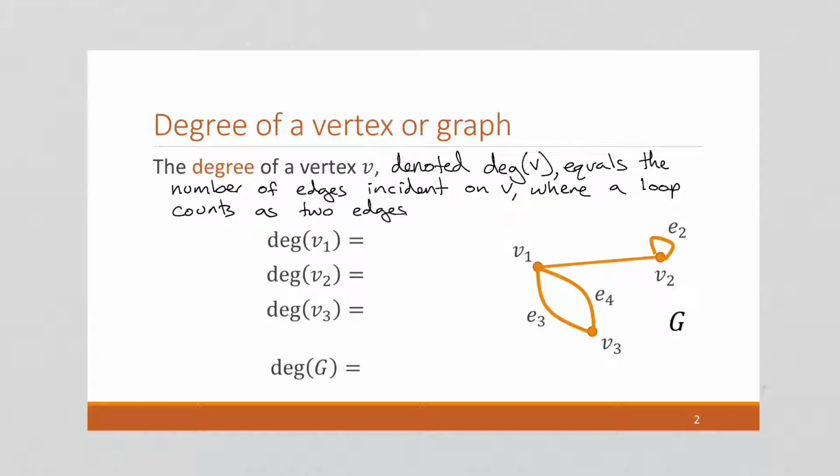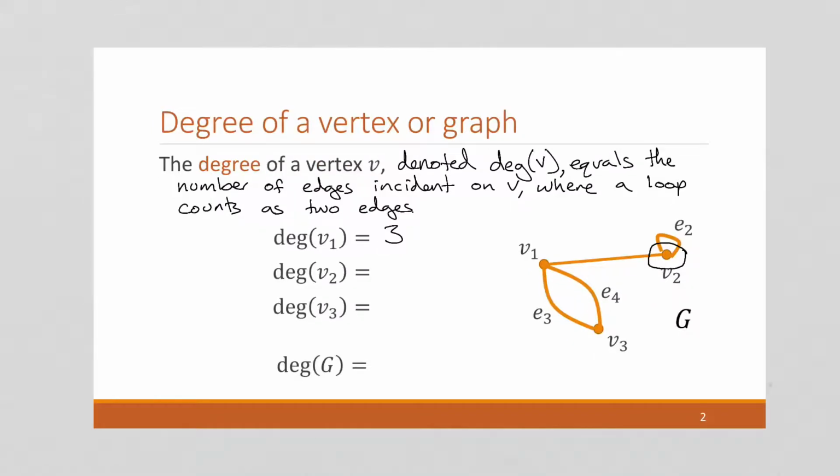Okay, so in this graph illustration here, if we look at vertex V1, a nice way of doing this is to imagine that you have a little circle around V1 and count how many lines are coming out of that circle. Well, there's 3 of them, so the degree of V1 is going to be 3. Now if we look at V2, this is where a lot of people get confused, but again, we have a little circle like that, and there's 3 edges coming out of it.